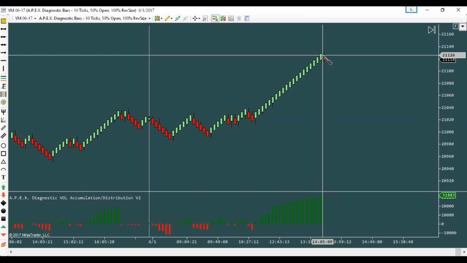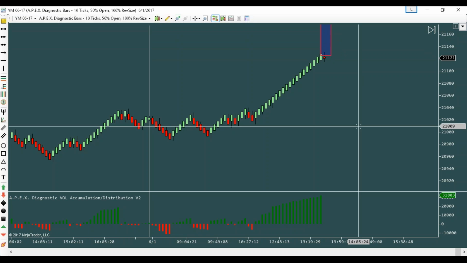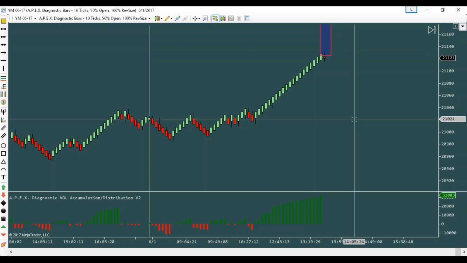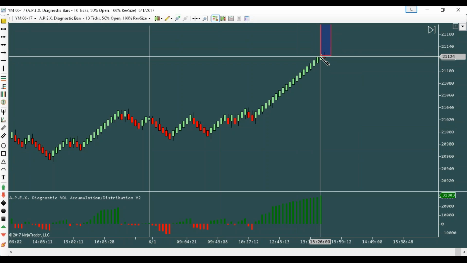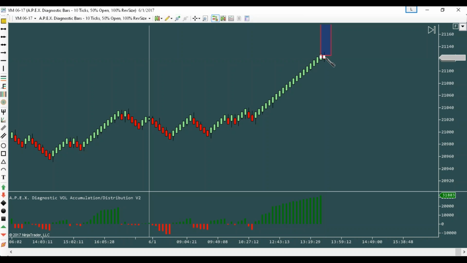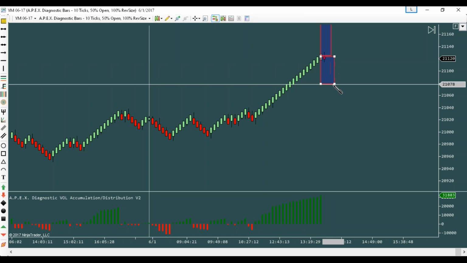So what do we get? We get a spread with a floor or a bottom at 125 going up 100 pips, right? 100 ticks. And then they give you another spread where 21,125 is the top of a spread or the ceiling of a spread going down 100 ticks.